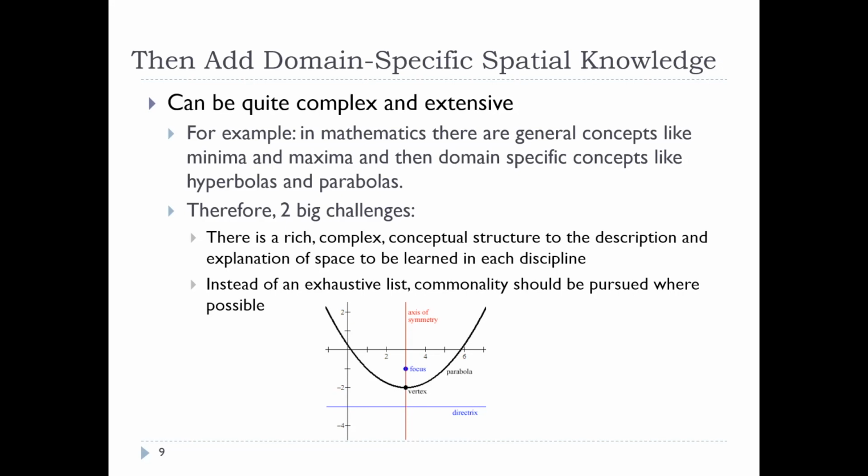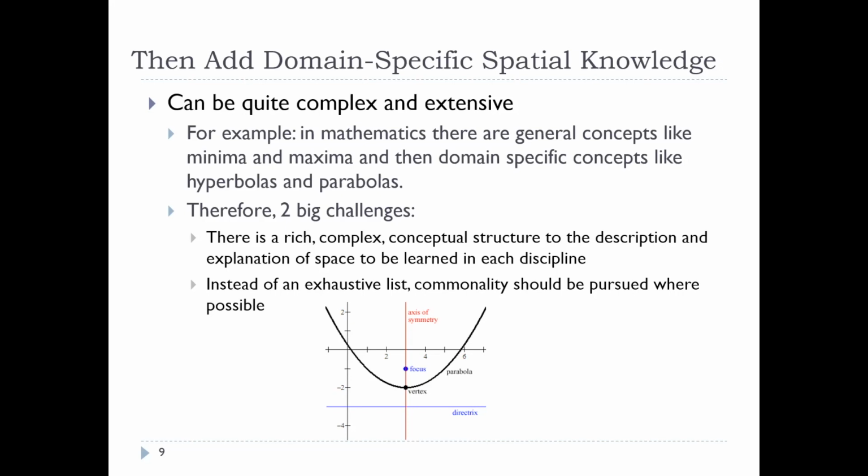Okay, and so you've got to be careful, because if you try to deal with an exhaustive list, then you can get overwhelmed. But there are places to look where commonality rules. So you see this graph here, and there's all kinds of specific terminology for that. But anybody would call that a curve. It is a parabola, right?